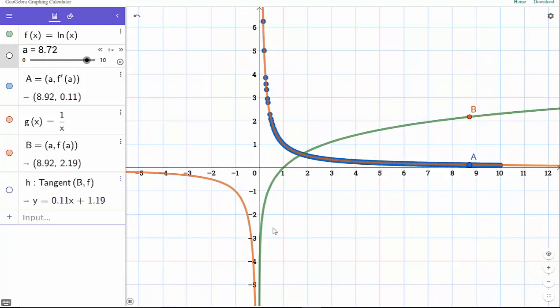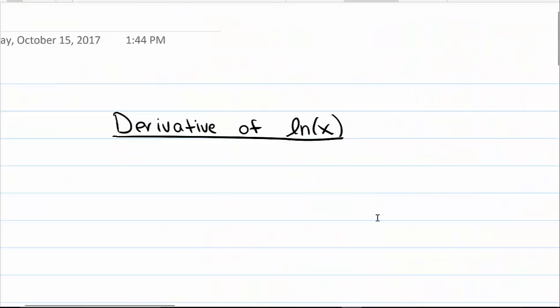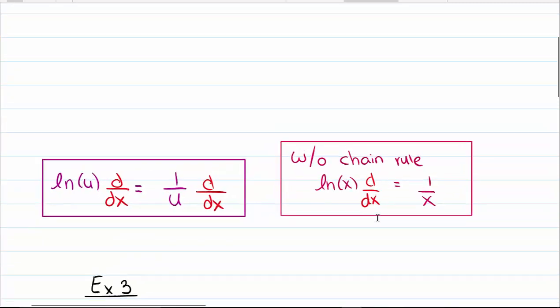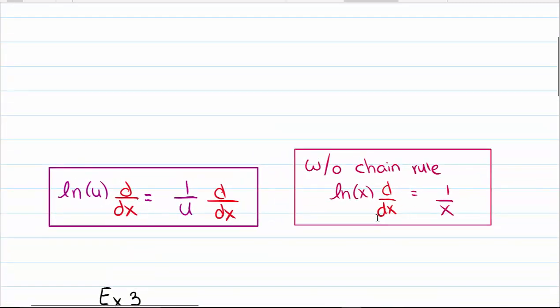So then the derivative of ln of x is simply 1 over x, where x is always larger than 0. So there you go. The derivative of ln of x is 1 over x, and that's without using the chain rule. If you would like to use the chain rule, you can substitute in for it and find dy/dx, or dy/du and then du/dx.